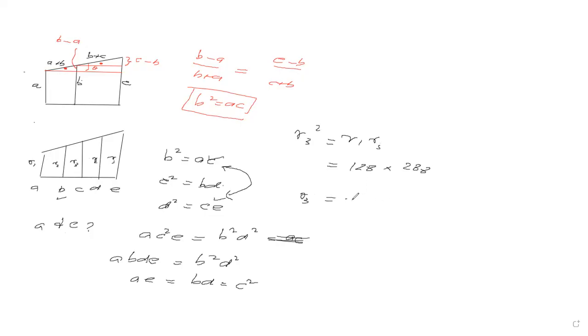This is 2 times 64, and this is 2 times 144. So R3 is just equal to, this is R3 squared, so R3 will be 2 times 8 times 12, which is 192.